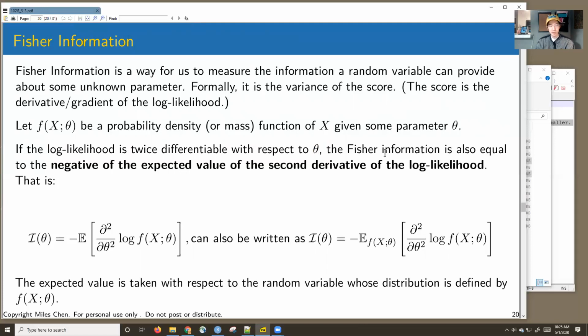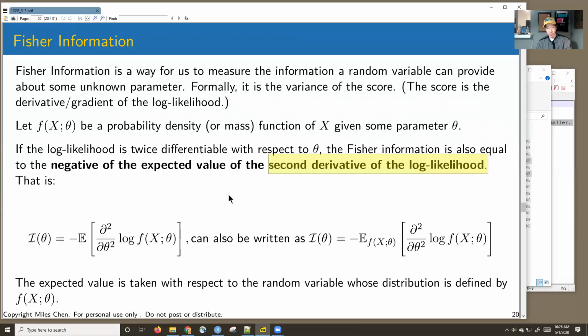Then the Fisher information is equal to the negative of the expected value of the second derivative of this log likelihood, okay? You take the log likelihood of basically the probability function, and if you take the second derivative of the log likelihood, you'll get this quantity here.